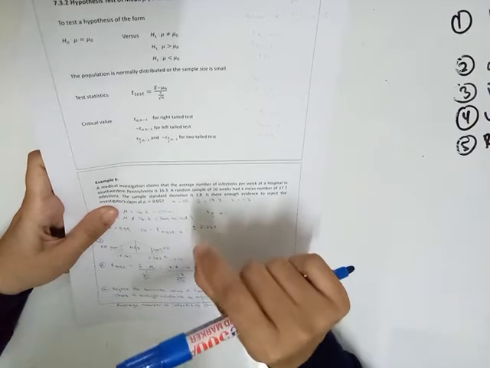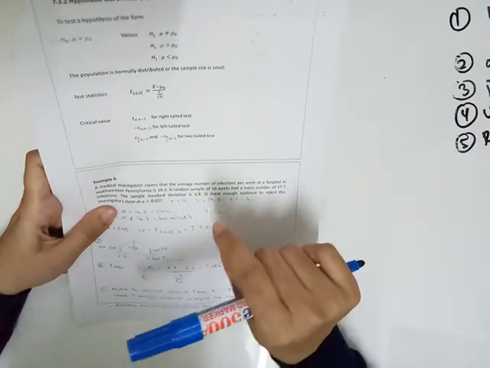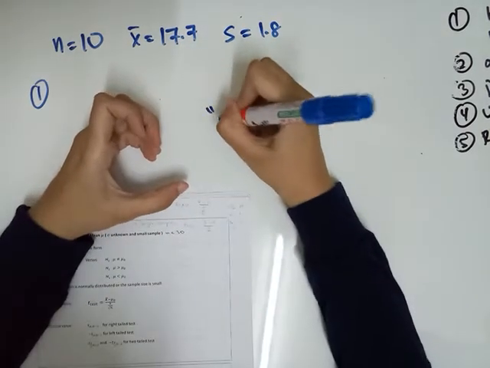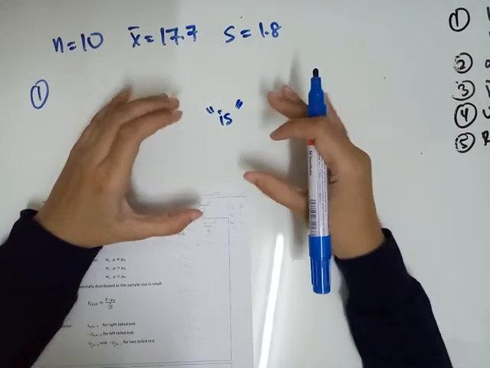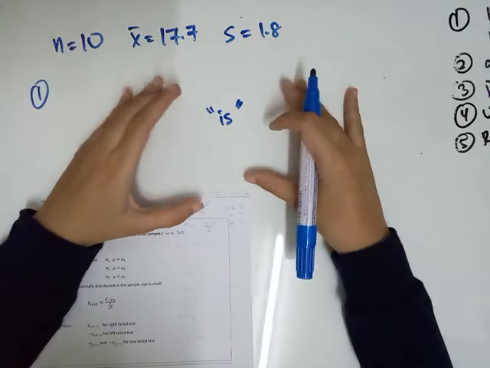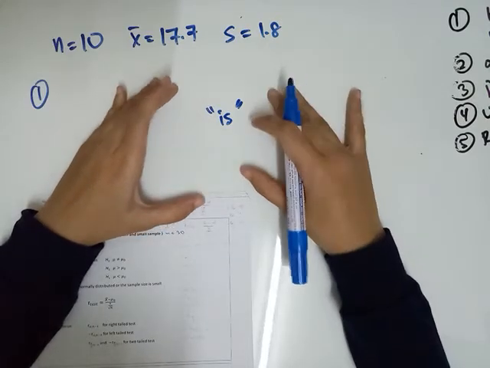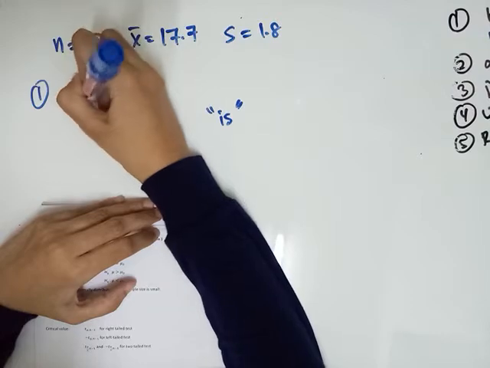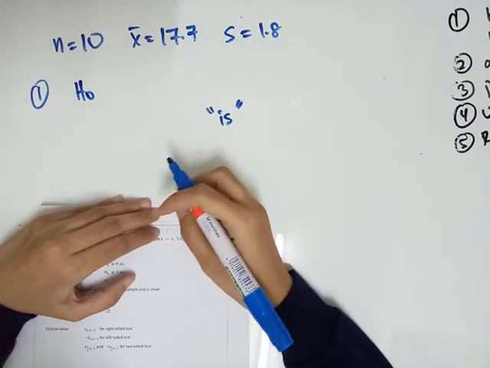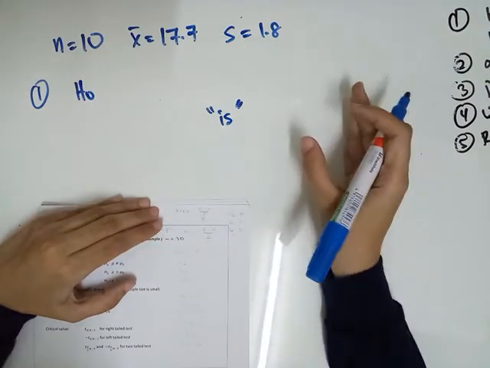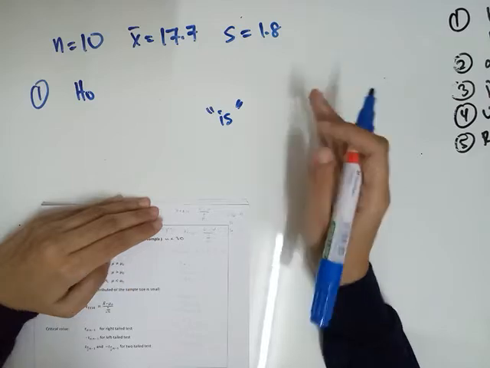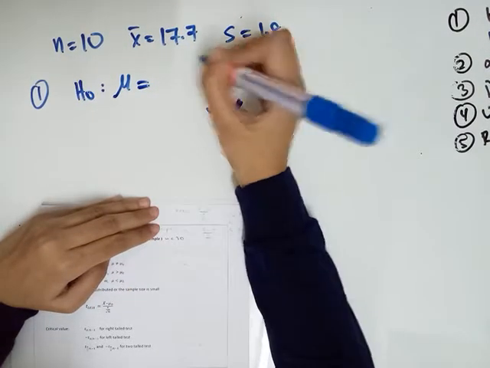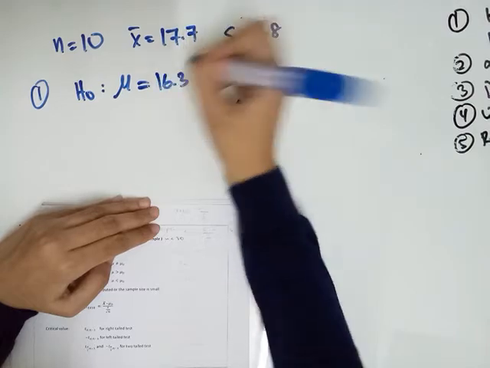It gives a hint there: the keyword is "is". That means it is equal. So we claim H naught, because H naught is always equal. So the mean is equal to 16.3.